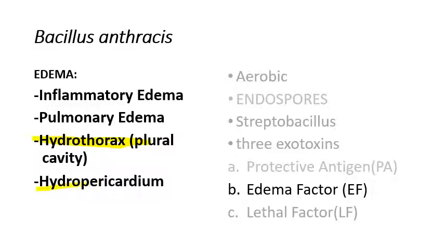And hydropericardium is where you have fluid in the pericardium that surrounds the heart. And those of you who took Anatomy 130 know that can lead to a disease called cardiac tamponade. This is where the heart doesn't have room to fill up with blood because there's all this fluid in between the heart and the pericardium.